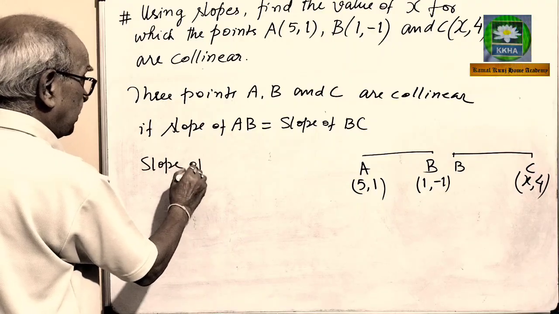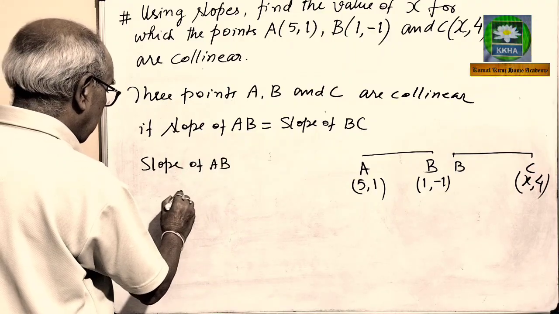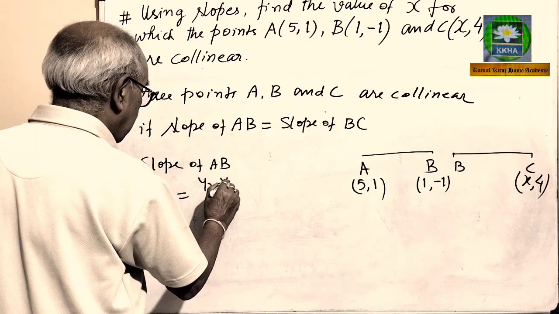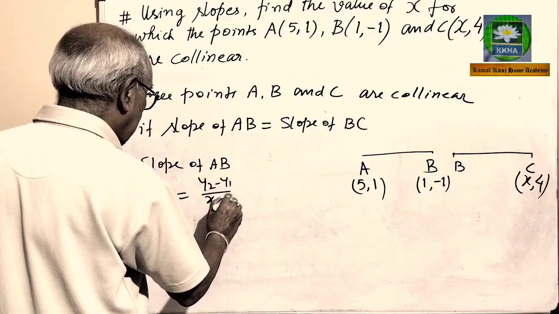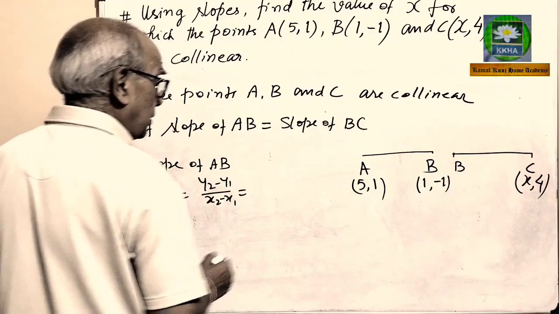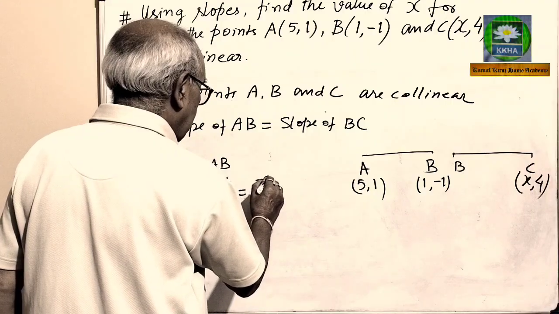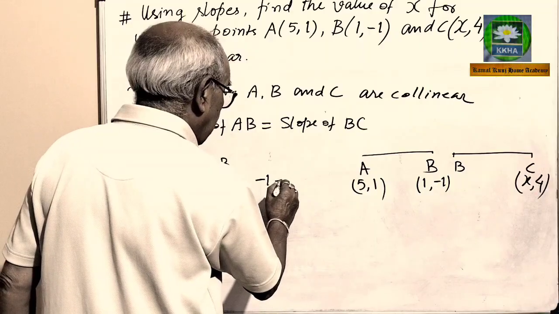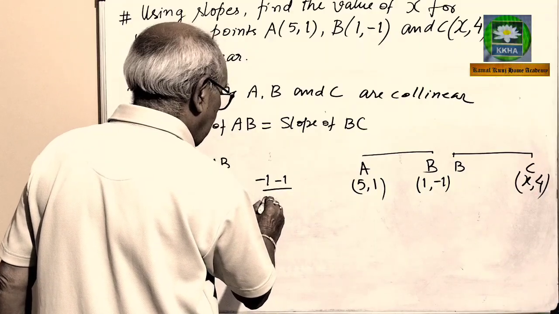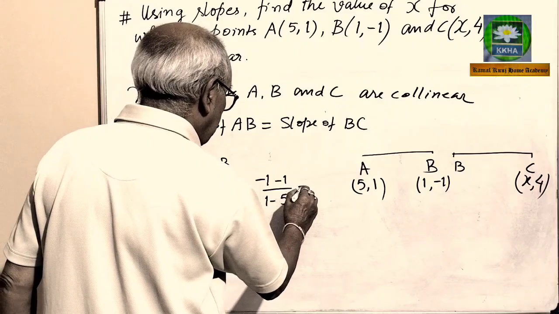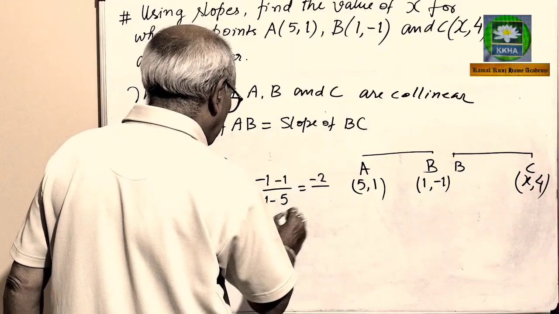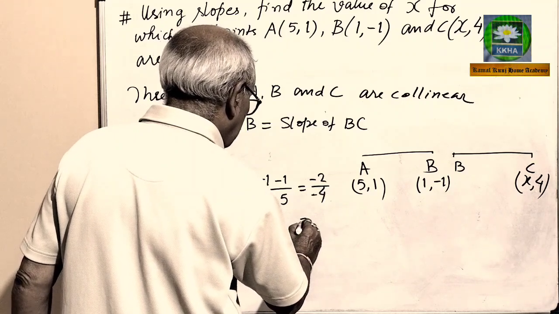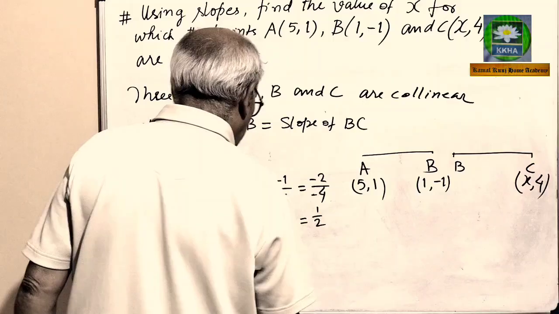Slope of AB is equal to y2 minus y1 upon x2 minus x1, which is equal to -1 minus 1 upon 1 minus 5, equal to -2 upon -4, equal to 1 upon 2.